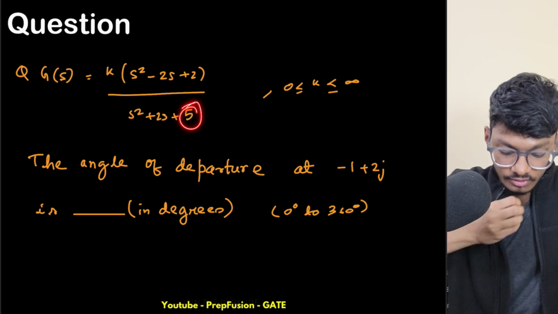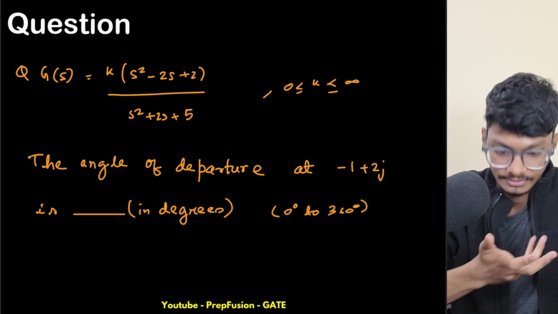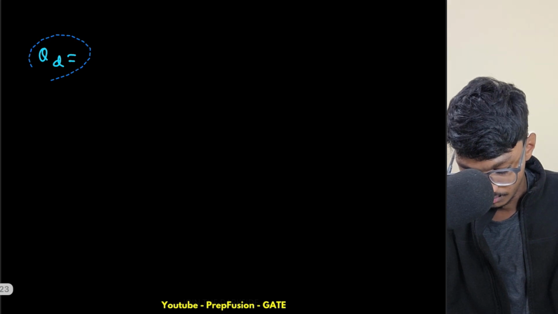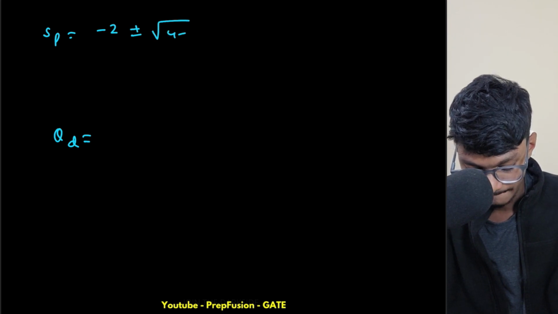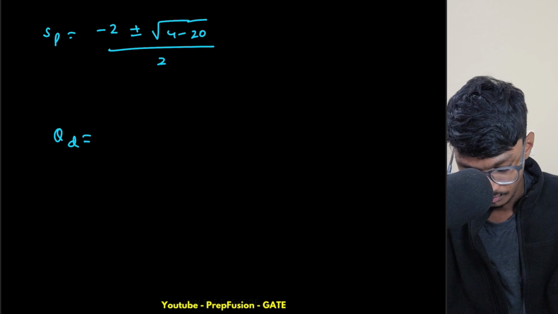Whether this is imaginary or real, we'll see. So just let me quickly compute the poles. The poles will be minus b plus minus square root of b square minus 4ac, divided by 2.